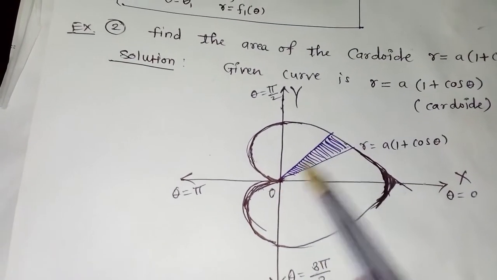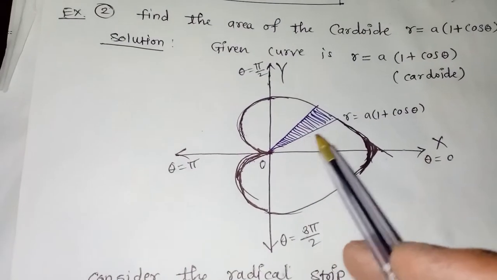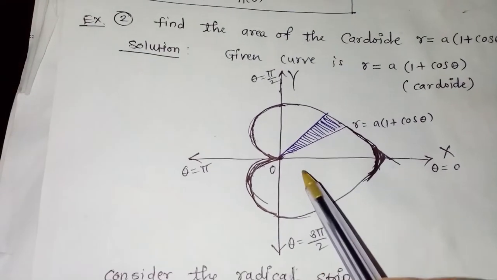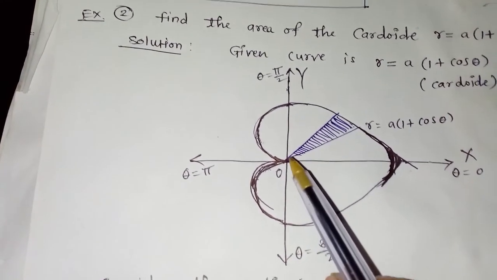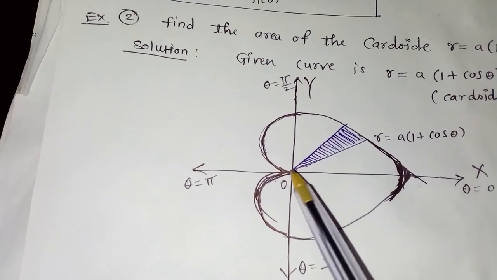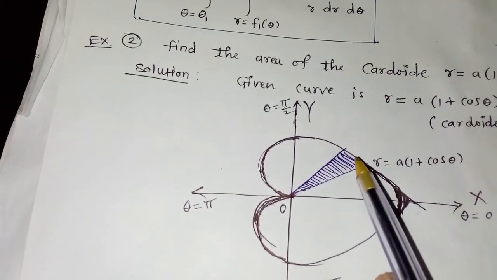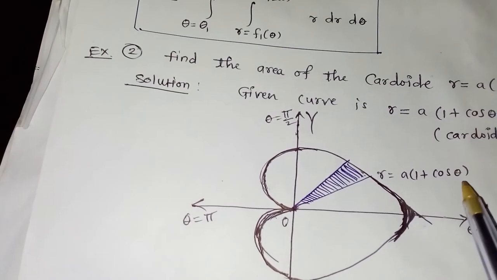For this, we consider one radial strip that I have shaded here. Using that strip, we are finding the limits of r and theta. First of all, we find the limits of r in terms of theta. We can observe our radius is starting from the origin and ending at the curve, and the equation of this curve is r equals a into 1 plus cos theta.